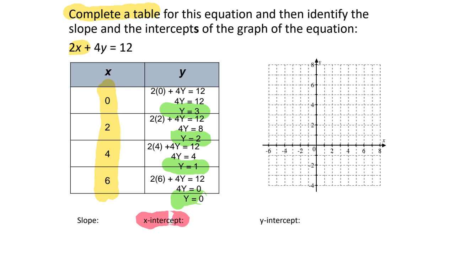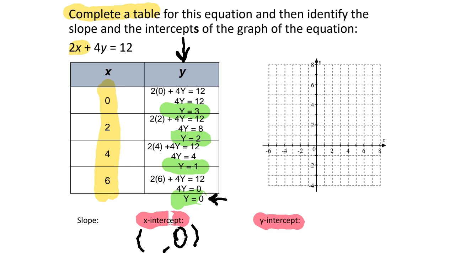Well, this is where you have to know what the words mean. In this case, the X-intercept has got to have 0 here. That means in this Y column, where is 0? It's the last one. This is 6, 0.